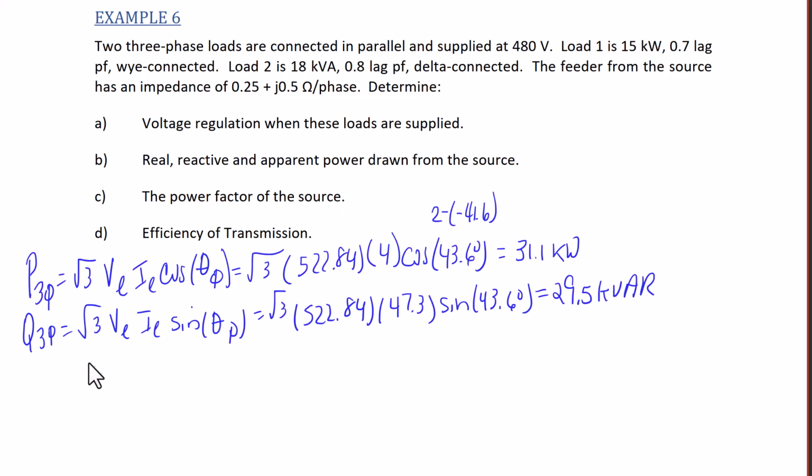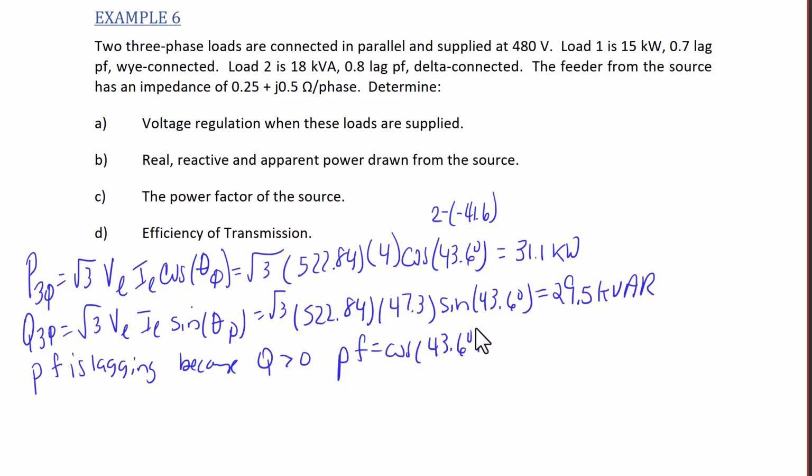So now the power factor is lagging because Q is greater than 0. And so the power factor would be equal to the cosine of 43.6 degrees, which is 0.725 lag.